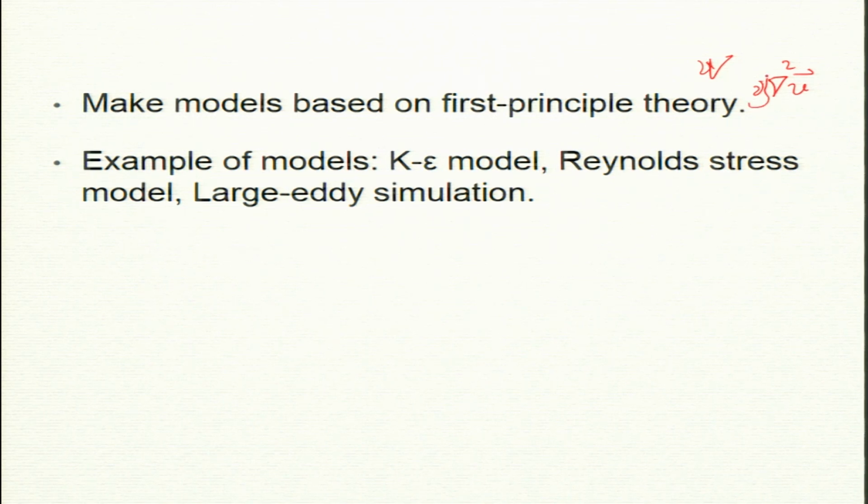So, typically they alter this nu. Say I am not interested in small scale, but I am looking at large scale nu. So, there are various models. In fact, the Reynolds stress model will help you to model nu for realistic flows at large scales, or large eddy simulation. This is one simulation tool. This is also used for modeling nu.